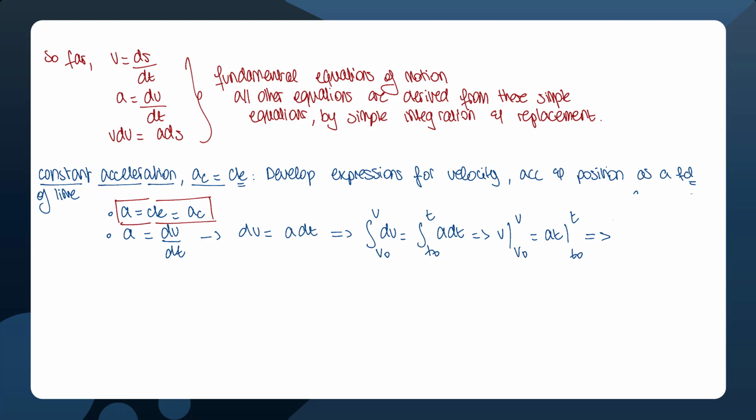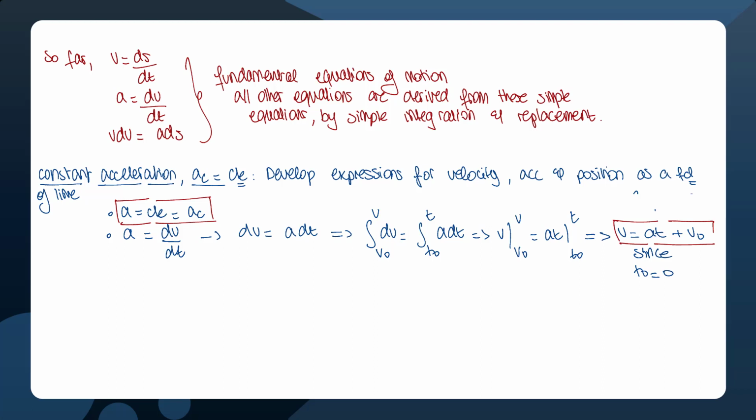Since a is a constant, we can take it out of the integration, and the integral of dt is equal to t from t0 to t. And then assuming that t0 is equal to 0, the main reference, we have v is equal to at plus v0. So we were able to derive an expression for the velocity, assuming a constant acceleration, by simply making use of one of the fundamental equations of motion.